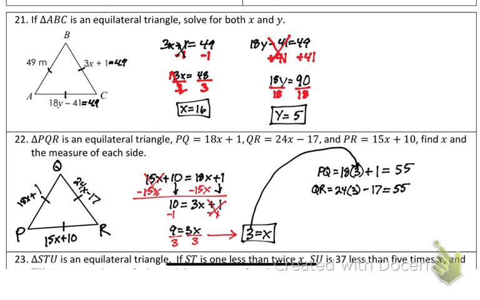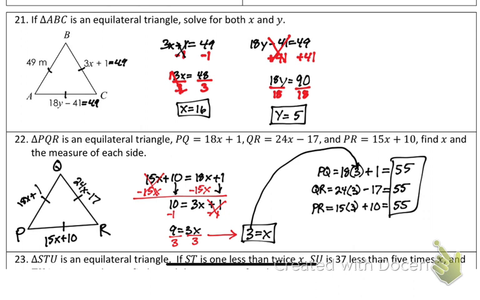And finally, our PR should have equaled 15 times 3. 15 times 3 plus 10 would be 55 as well. These are your final answers, 55, 55, and 55. They all had to be 55. It's an equilateral triangle, so all of the sides need to be the same.